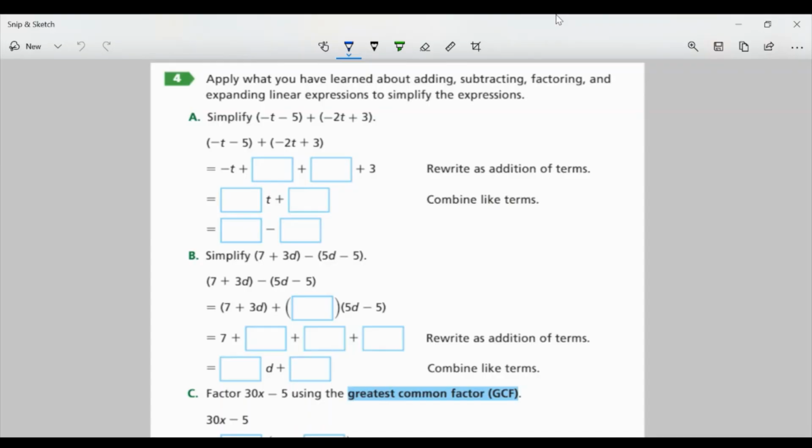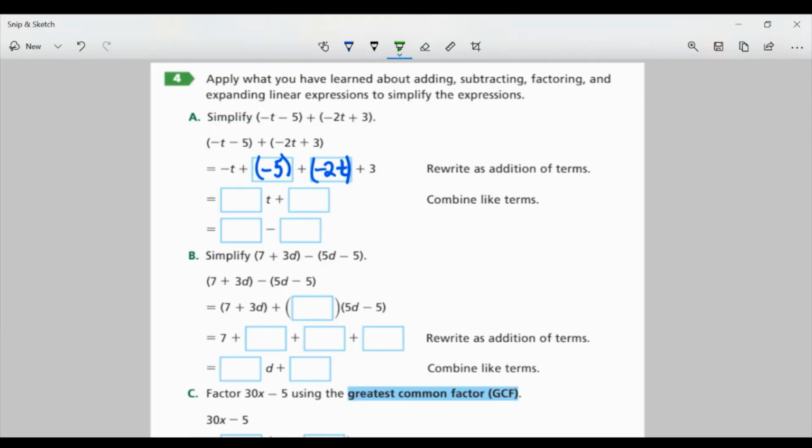So we want to rewrite it as an addition of the terms, right? So I have negative t plus a negative 5 plus negative 2t plus 3. Okay? Now we want to combine our like terms.